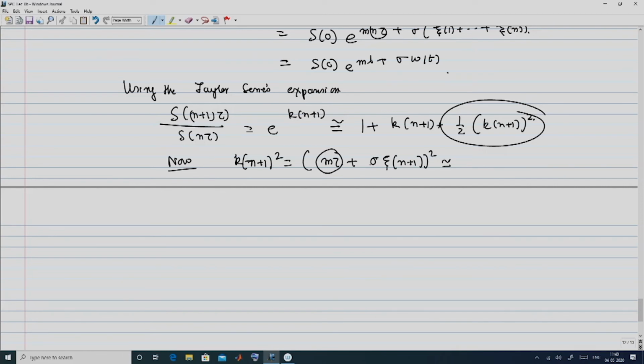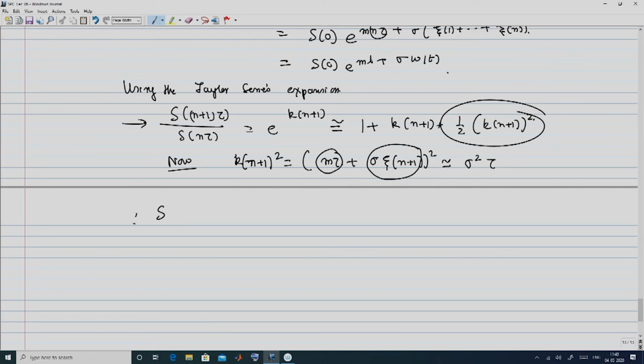So, the 2 m tau into sigma into square root of tau, that will give tau raised to 3 by 2. So, I ignore the higher power terms and retain only the sigma square xi n square term, which is tau, because xi n plus 1 is of the order of square root of tau. Okay, so, let me now come back to this.